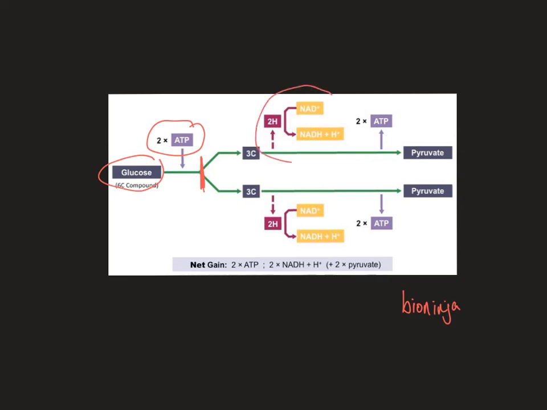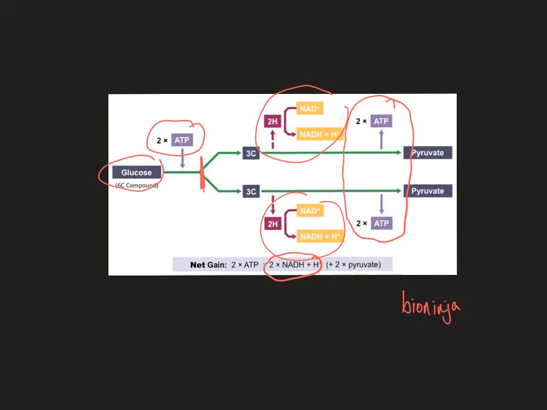Then here we have our oxidation, and you can see that happens twice. So we get our 2 reduced NADs, and you can see that BioNinja writes this as NADH plus H plus. As I said, it doesn't really matter how you write this. And then we have our ATP formation, and we have 4 of those.